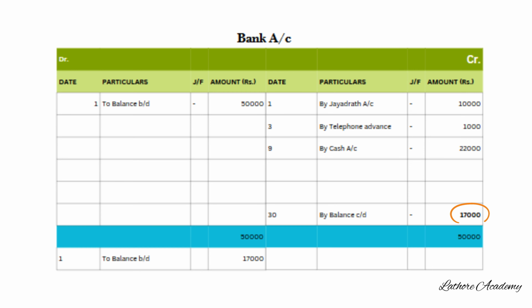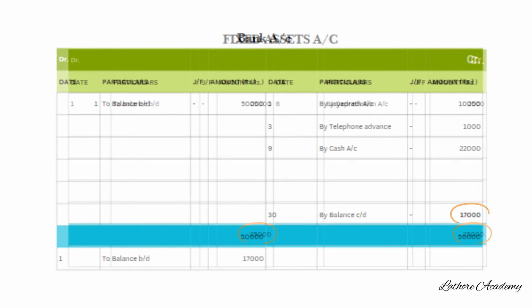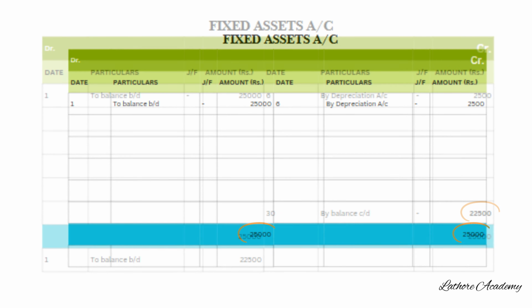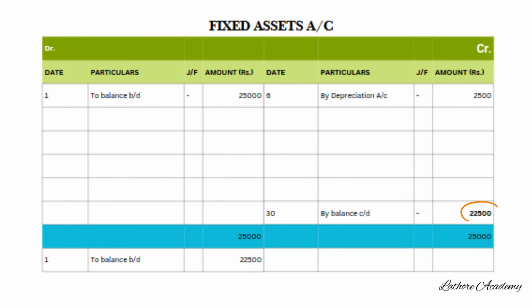So the bank account is showing a closing balance of 17,000. And moving on to the fixed assets account, since there is only one entry of depreciation, the opening balance is 25,000. When we compare both sides, total 25,000 is written on both sides, and then the difference amount comes on the right hand side as 22,500 as a balancing figure.